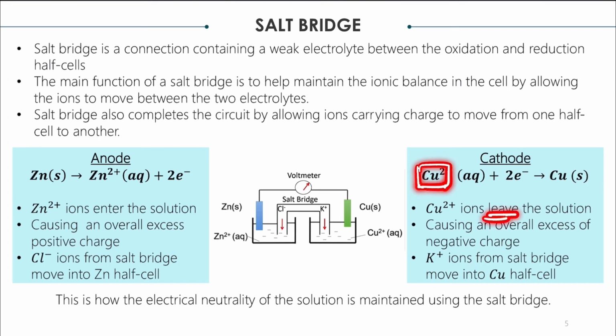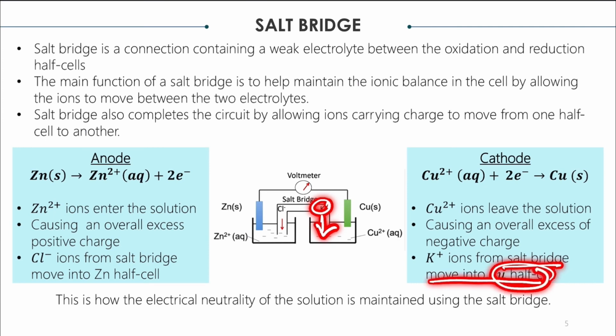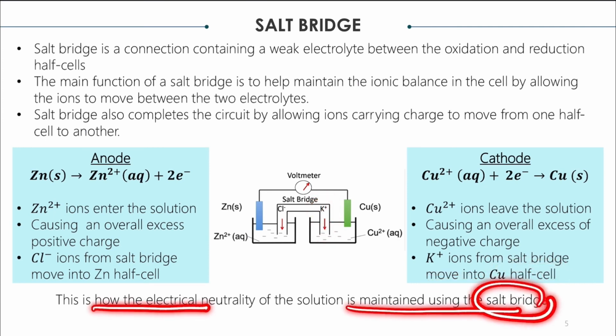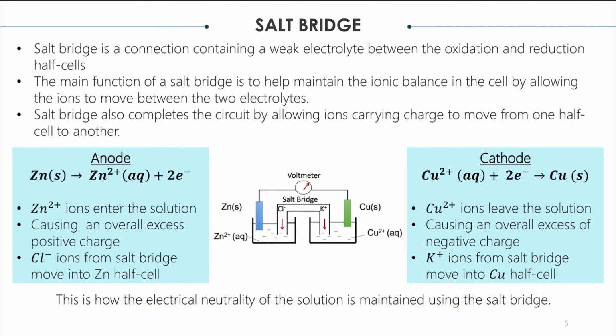This will cause an overall excess of negative charge. Thus, K+ ions from the salt bridge move into the copper half cell. This is how the electrical neutrality of the solution is maintained by using the salt bridge.